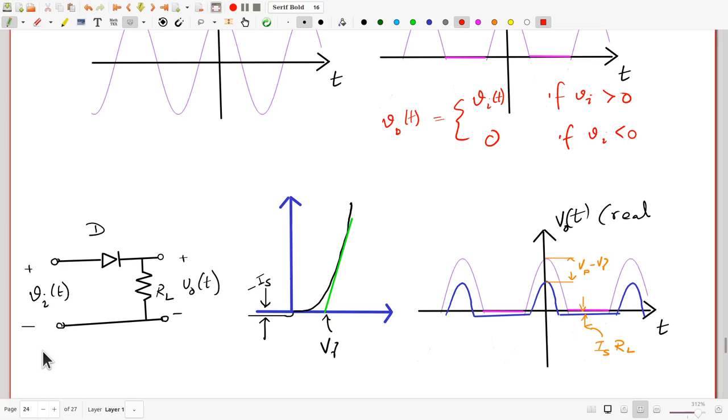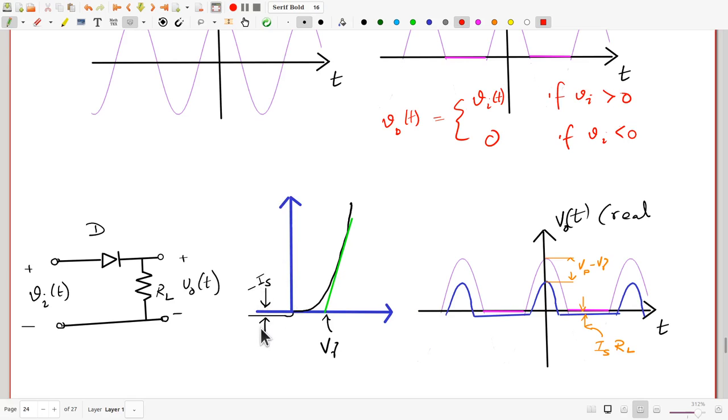So, for a real diode, the current cannot be arbitrarily big in the forward direction with no voltage drop across the diode whatsoever, and there is a tiny but non-zero current in the reverse bias direction.